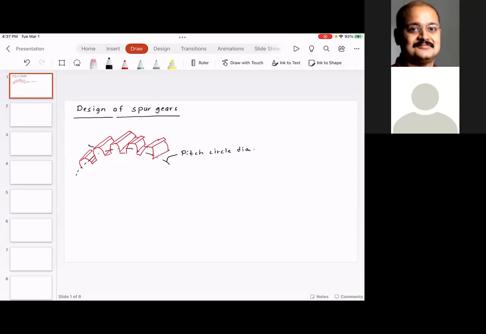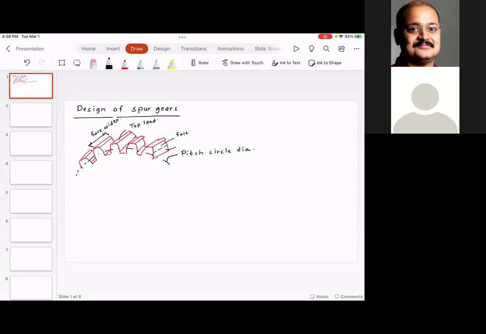Now, this distance, what you see on top, is called the face width. This is called the top land. Now, the top part of the gear tooth is called the face.